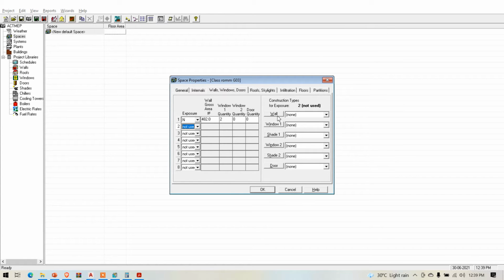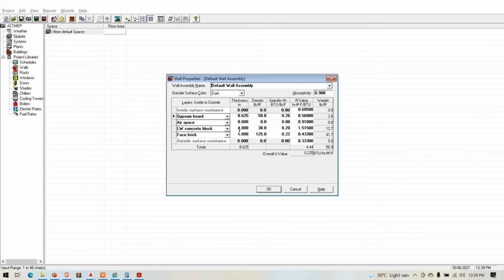Now here they are asking for the wall property. So select this one, and here we have to mention the wall property. The wall property is nothing but the U value, like how we calculate for our manual load calculation. In the same way, here also we have to provide the U value.